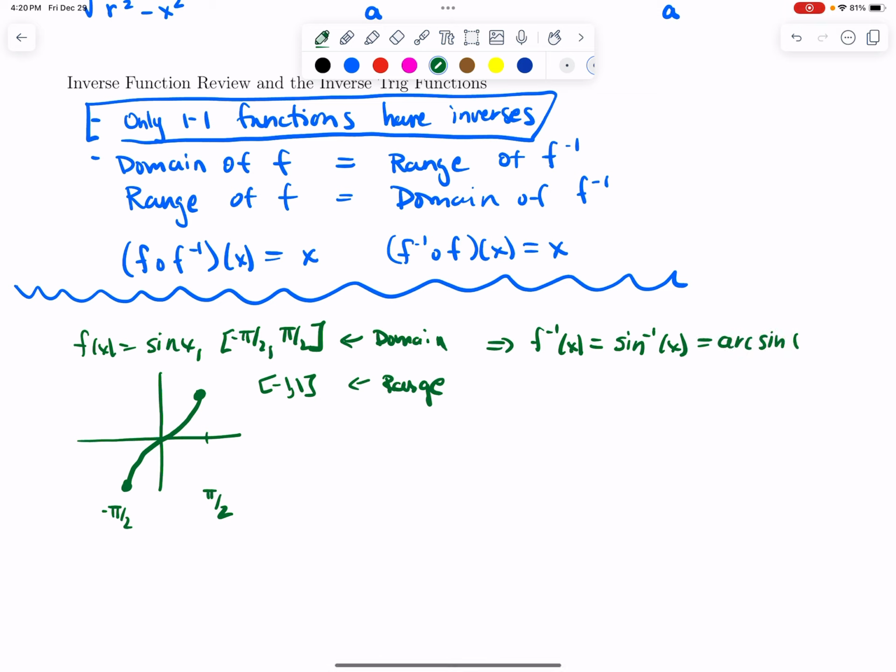And its domain is the range of the original, so negative 1 to 1, and its range is the domain of f, which is negative pi over 2 to pi over 2.